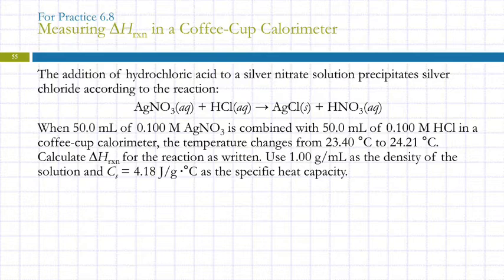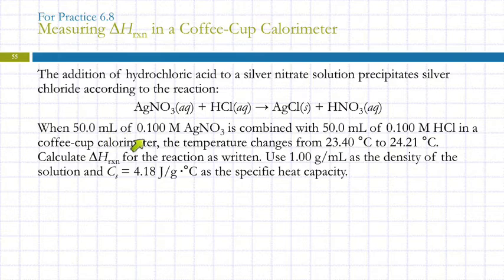There's a problem with a whole bunch of words. Okay, so the addition of hydrochloric acid to a silver nitrate solution precipitates silver chloride according to this reaction. That's nice. When 50 milliliters, who cares, right? We have an exam coming up. We're going to pretend to care.